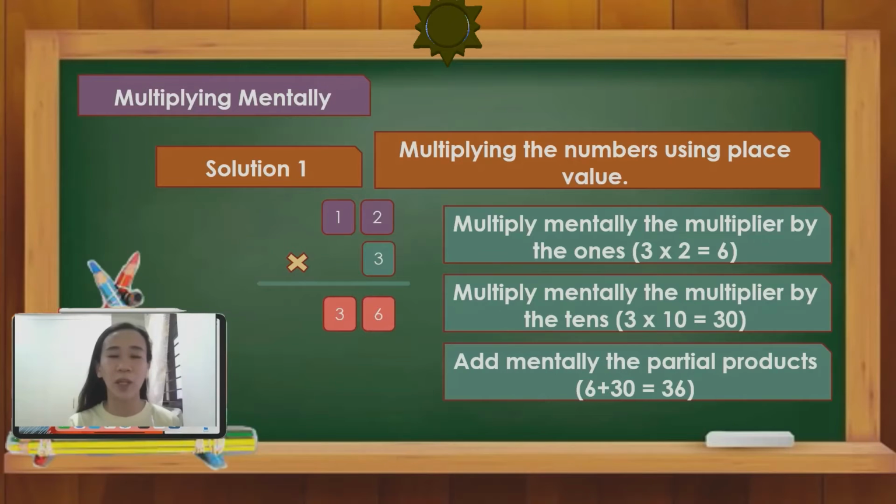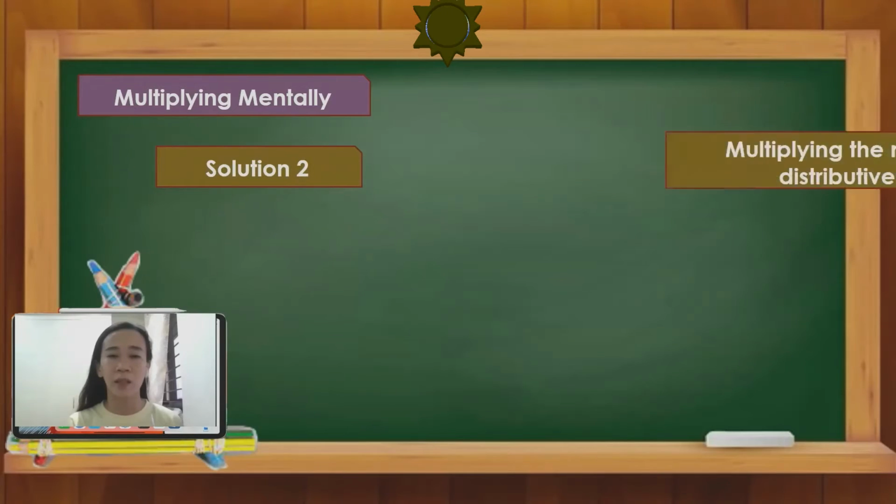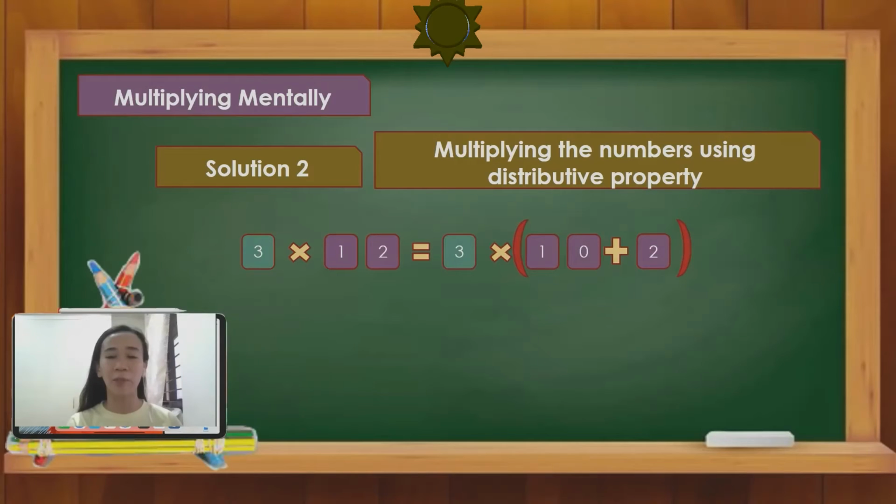What is the other way to multiply mentally? The other way is to multiply the numbers using distributive property. What do we mean by distributive property? We are just going to distribute. That is 3 times 12 is also equal to 3 times 10 plus 2. 12 is equal to 10 plus 2.